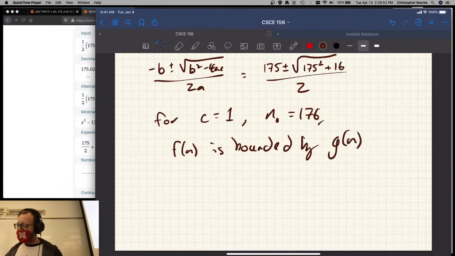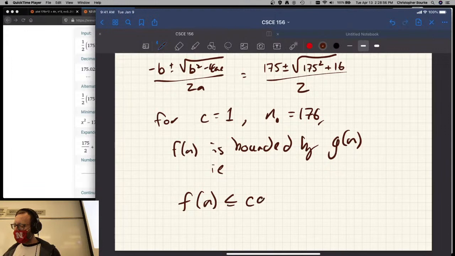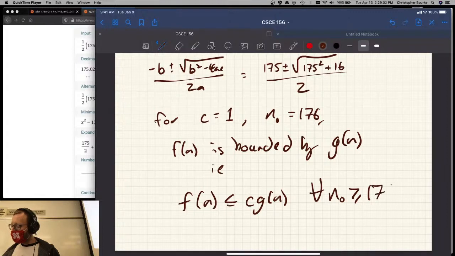In other words, i.e., f of n is less than or equal to c g of n for all n greater than or equal to n naught, which is 176. And then, of course, my c, I don't even need to retain that anymore. I'll go ahead and keep it here, c being 1.